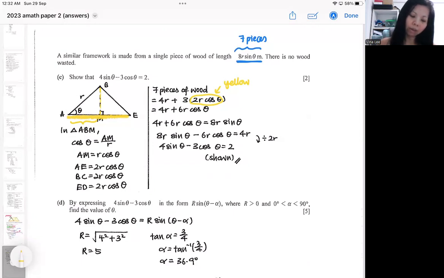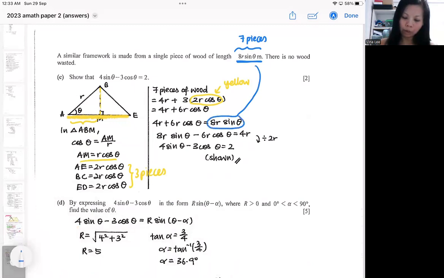So it will be cosine theta equal to AM over R. Then you just have to multiply by 2, and this will be the 3 pieces. So out of the 7 pieces of wood, you got 4 pieces that are R, and then 3 pieces that are 2R cosine theta. So that's how you got the 7 pieces, and these 7 pieces made up this length.